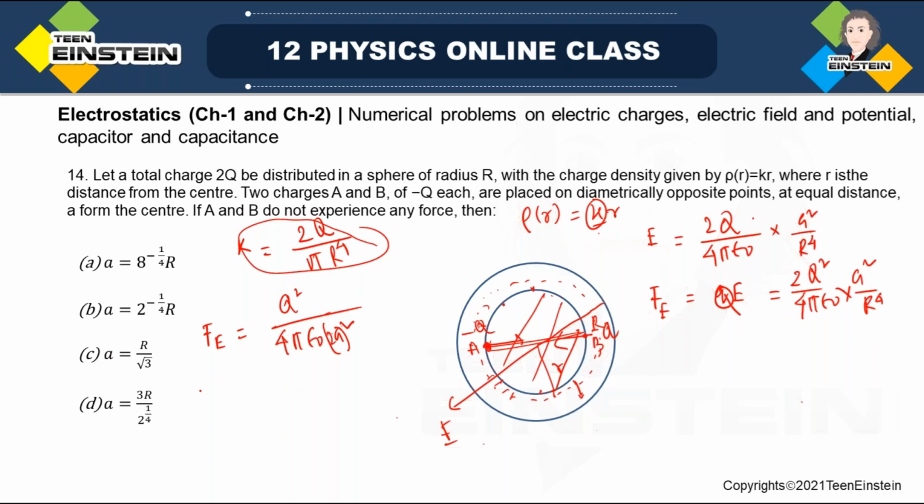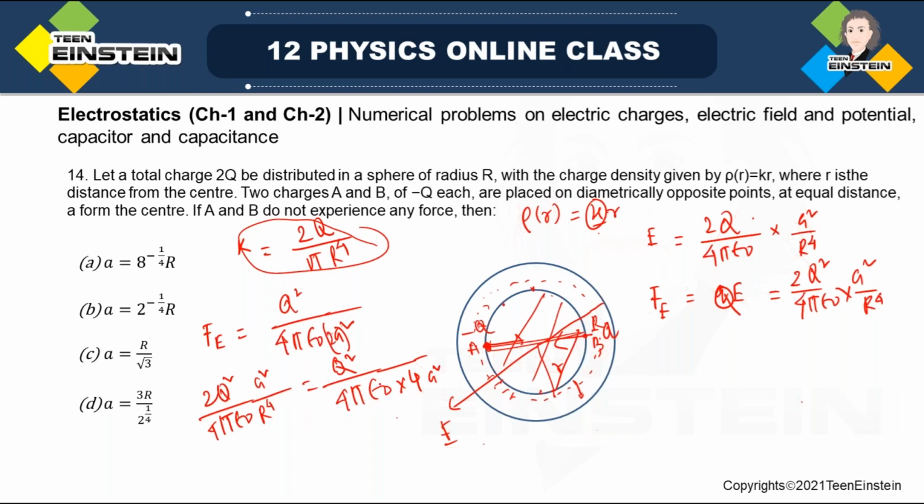And on the left hand side we already have 2q square by 4 pi epsilon naught, a square by r to the power 4. So if we just equate them and solve for a, this will give you 4a square.